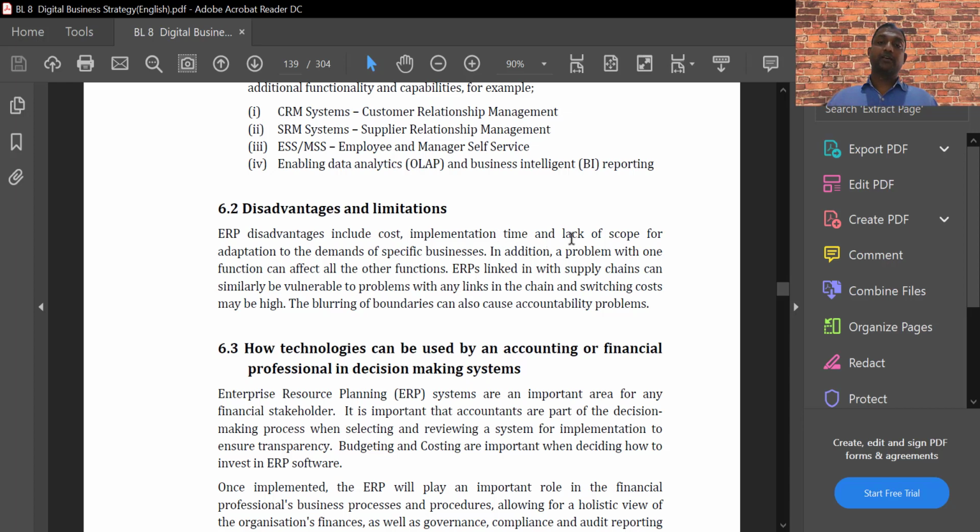So sometimes certain things will be a bit difficult for you to adopt into your organization, because this product is a generic product which supports most of the organizations out there. And in addition, a problem with one function can affect all the other functions, right? Because this is all linked together, sharing the same data source. So something going wrong in one section will affect other sections as well. So there are some problems as well.